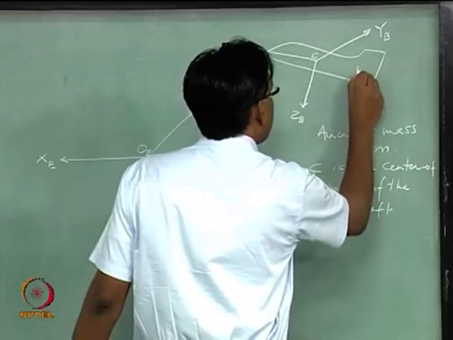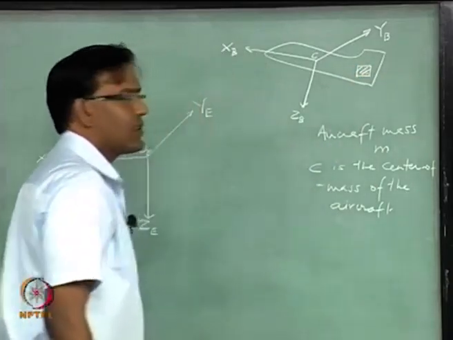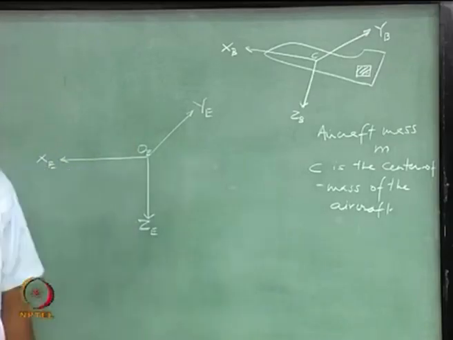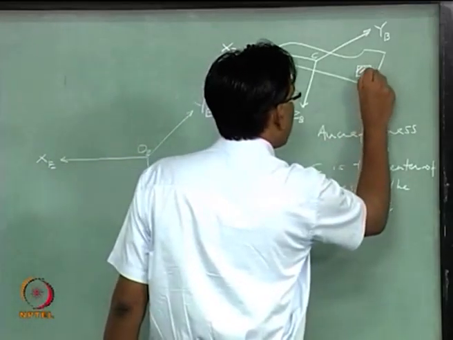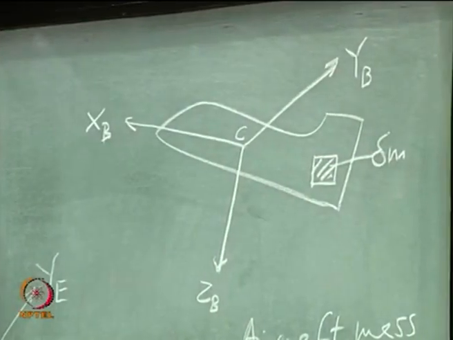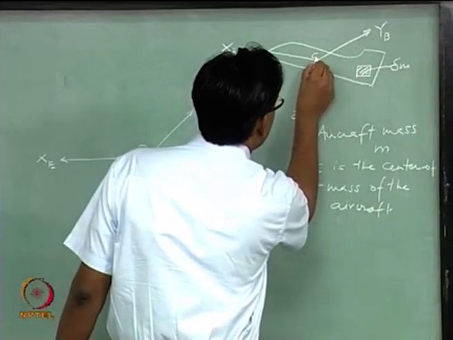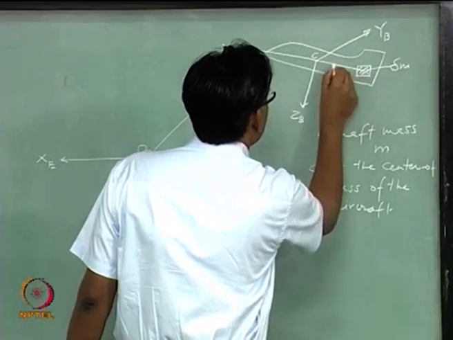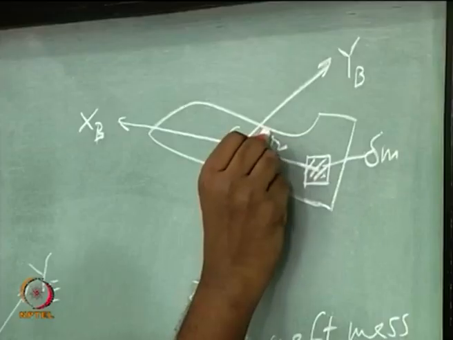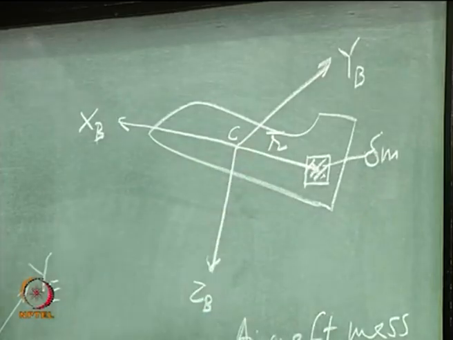So, we will look at this elemental mass delta m, right, and this delta m is at a small distance r from the center of mass, right.